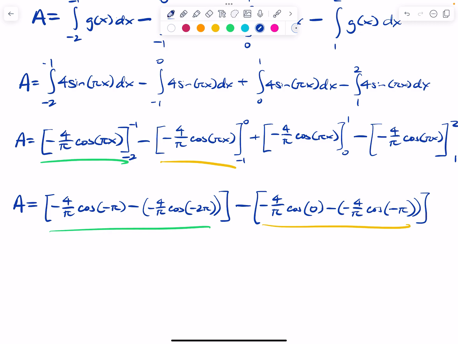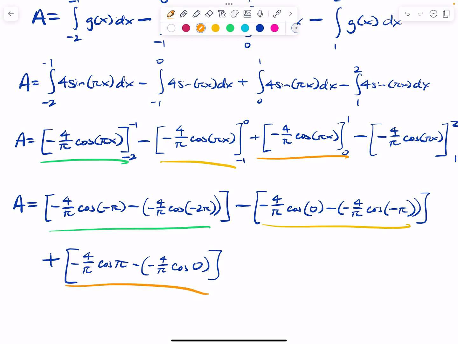And so same for the rest of these. Plus negative 4 over pi cos of pi times 1 minus negative 4 over pi cos of pi times 0. Orange.